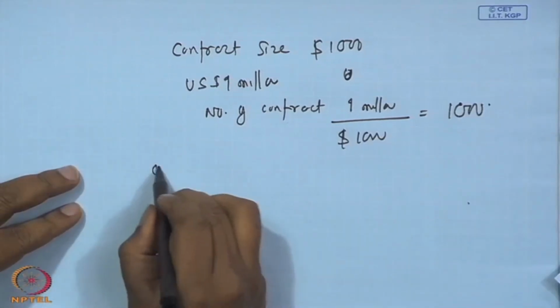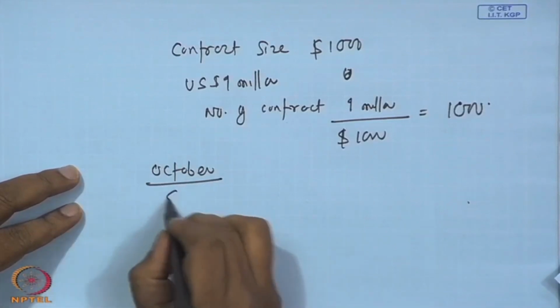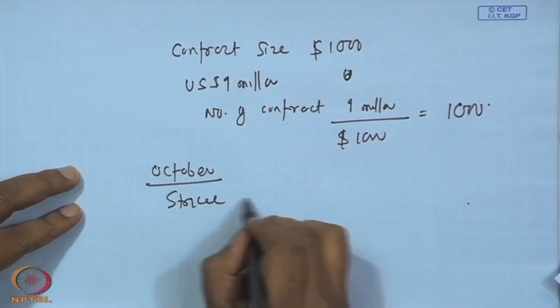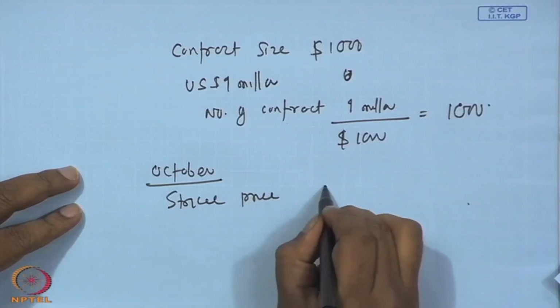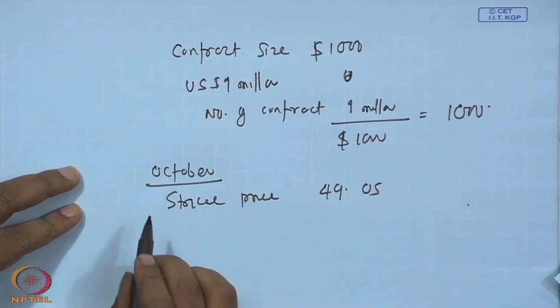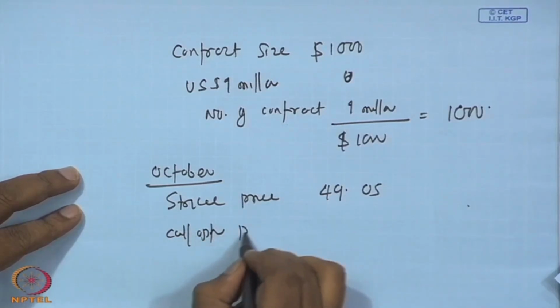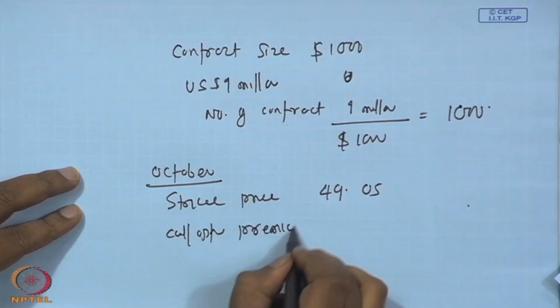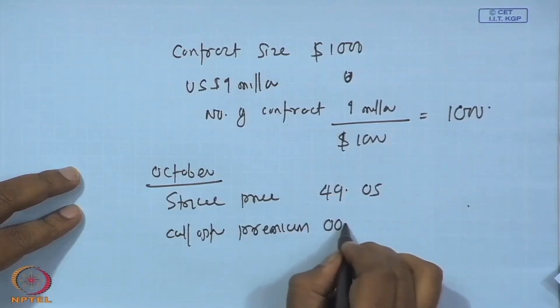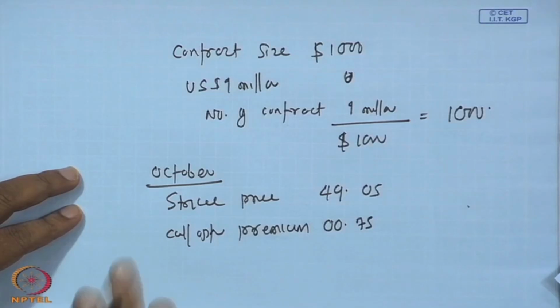Now, the October position. What is the strike price? If you see, the strike price of the October call option is 49.05. Now, what is the call option premium? The call option premium is 75 paisa per dollar.